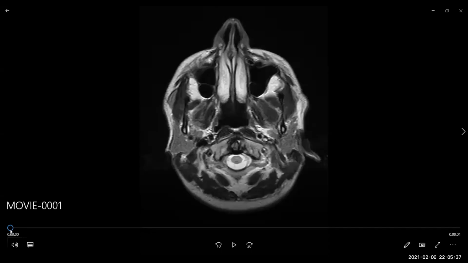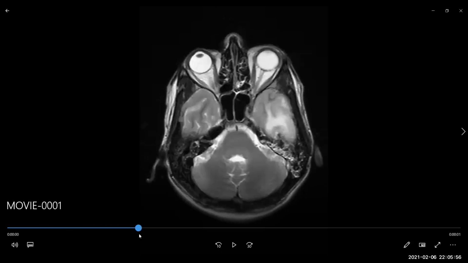This is an adult patient presented unconscious in the emergency department. It's a T2 weighted axial image.